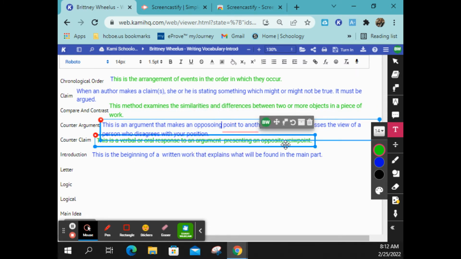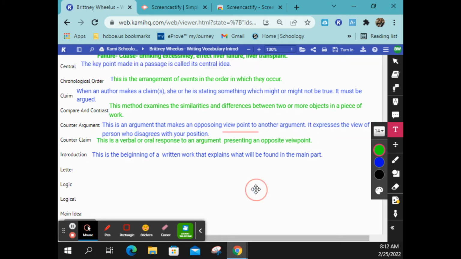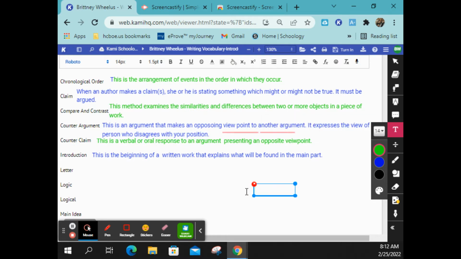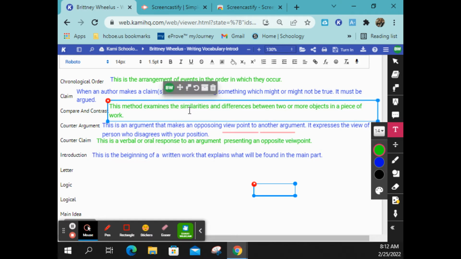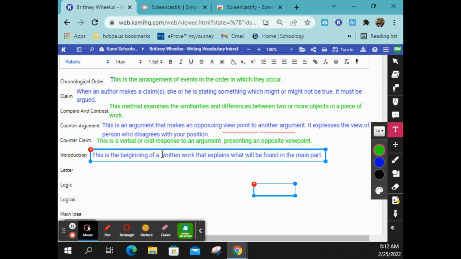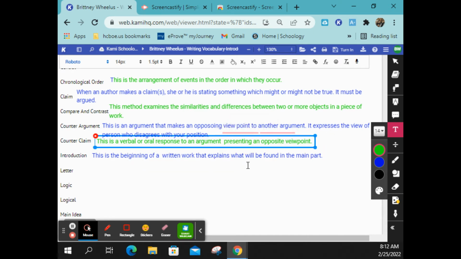Oh, is that better? Green Berry. On the second one. Counterclaim. Opposite viewpoint. F1. Here. Okay. Yeah. The viewpoint at the very end of the sentence.